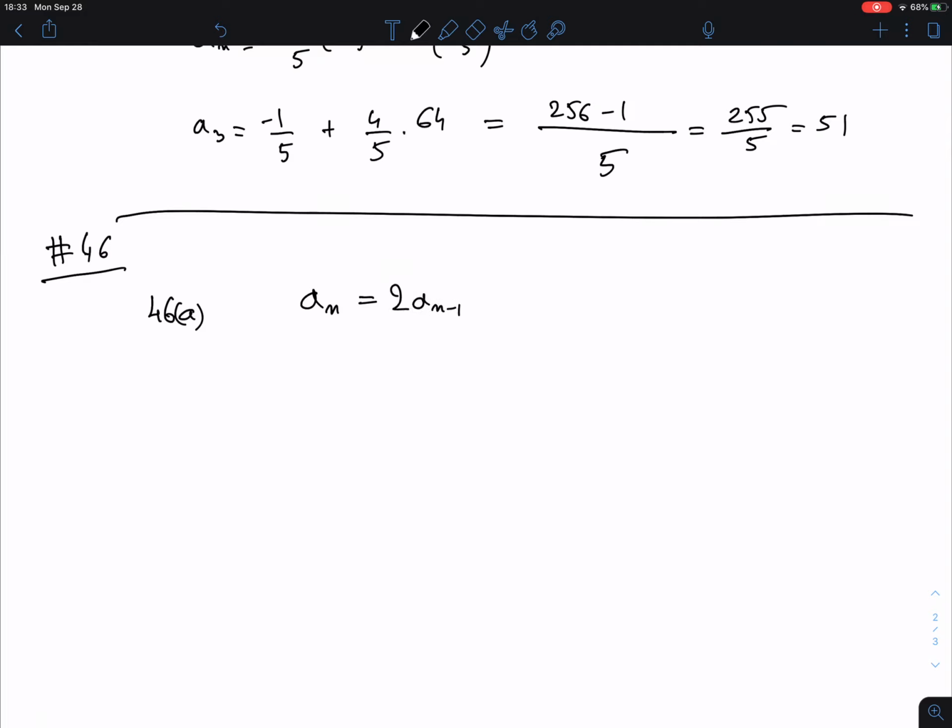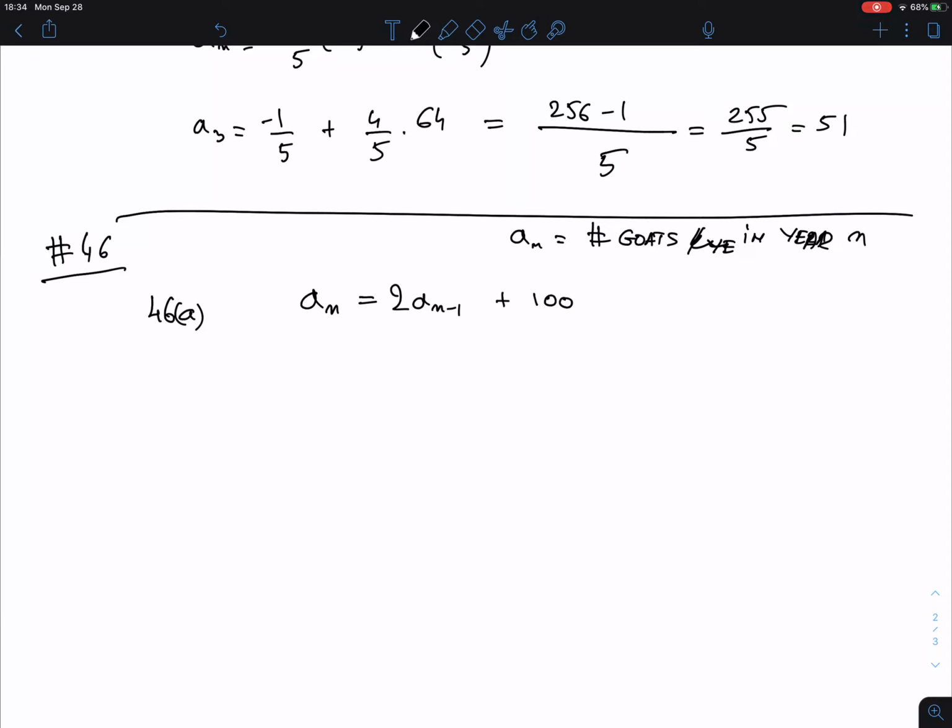So an is the number of goats in year n, or after n years. But we're adding each year 100. That's really what it is.